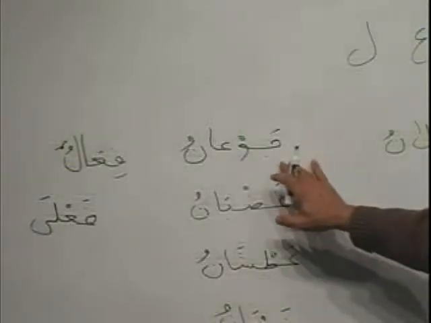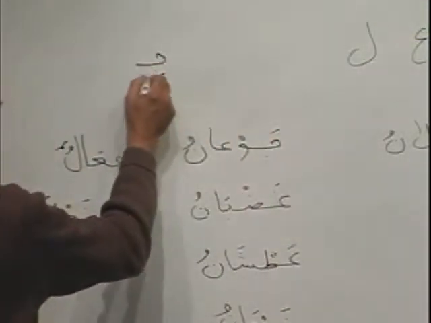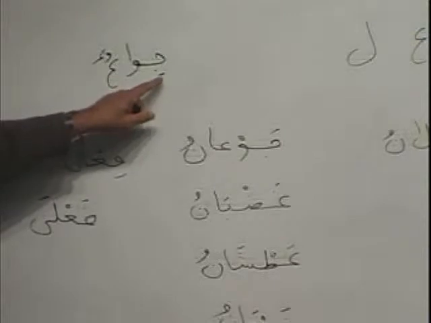And ya is not compatible with dhamma. We are going to learn all these things, inshallah. Instead of saying jiwa'un, you say jiya'un. Instead of saying jiwa'un, because of kasra, the waw changed into ya.